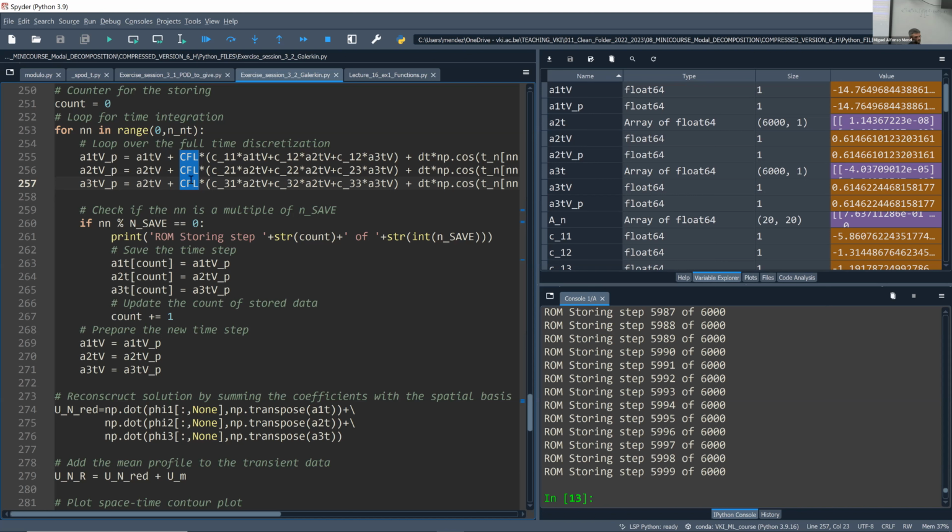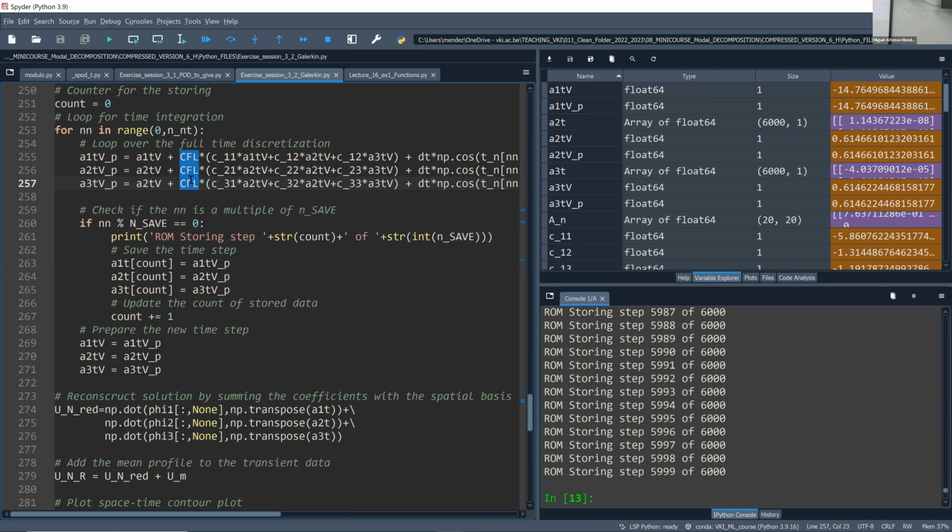So U_N_red is the solution for everything at the end? In the Python code, at line 274, here you have the reconstruction. So we're reconstructing from the coefficients. Yes. Here we have now solved for the coefficients, and we will reconstruct the full solution from there.